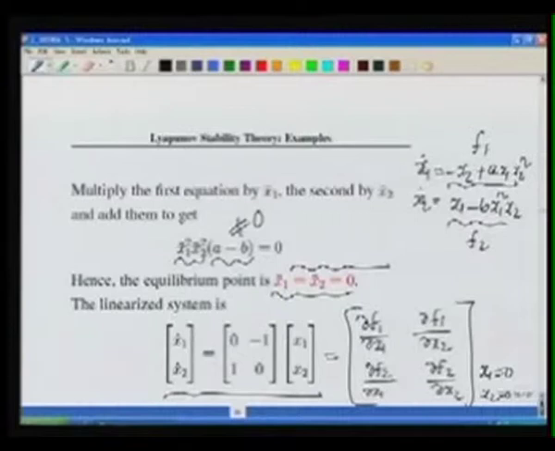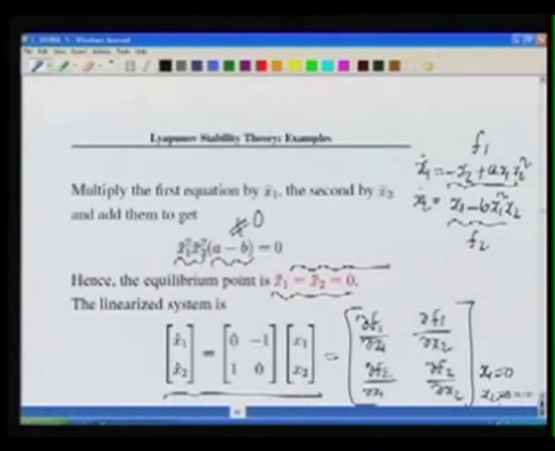You differentiate f 1 with respect to x 1, which is a x 2 square, and if you put x 2 equal to 0, this becomes 0. Similarly, del f 1 by del x 2 is actually minus 1 at any value.